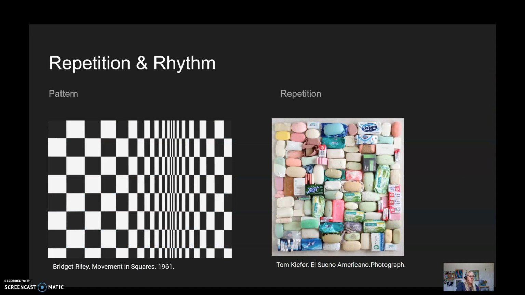Okay, repetition and rhythm. We have things like pattern. An example would be this Bridget Riley, Movement in Squares. And then also repetition. So even though these are not the exact same shape repeated, it creates this sort of calmness by the repetition of these bars of soap.